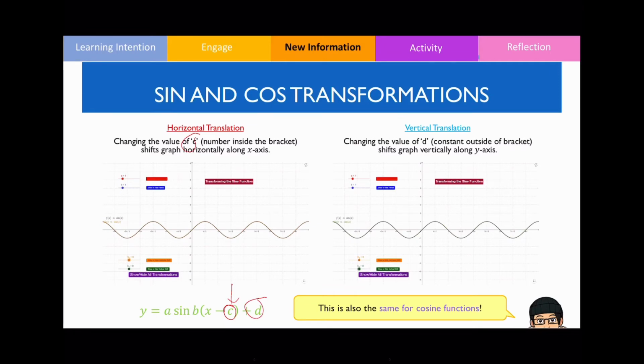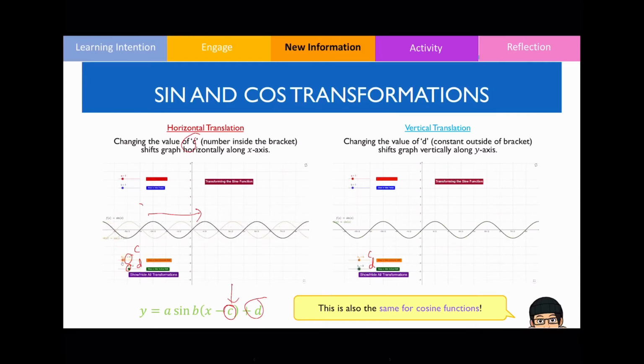In this case, they've used the values H and K. Remember, as I said, different textbooks and different websites use different pronumerals instead. But in this case, H is the same thing as C, and K is the same thing as D, okay? So I just want you to see what happens when I change the value of C. As I change the value of C, notice that it's shifting the graph this way if I make the C value bigger.